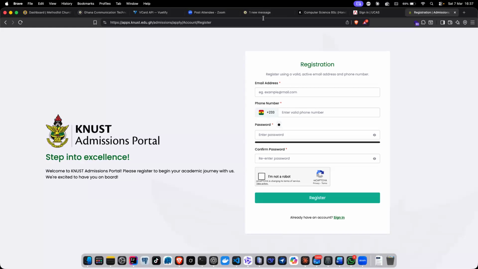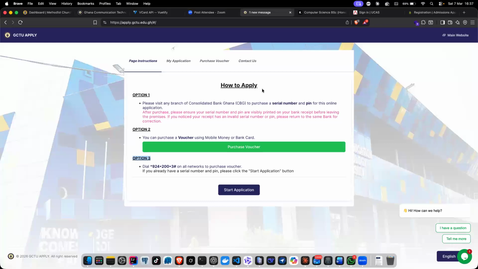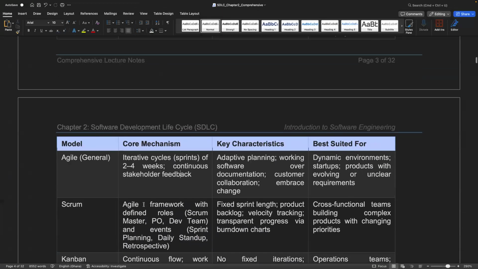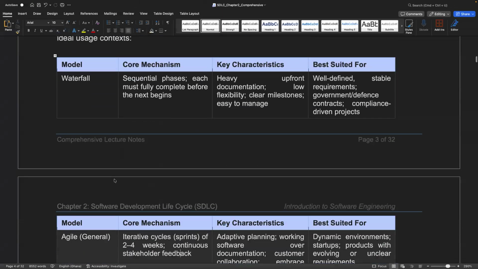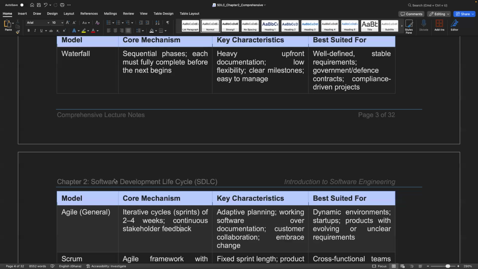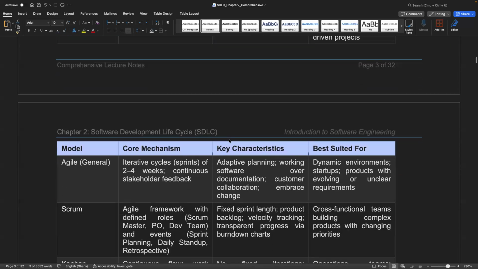So this one also applies to the agile and the waterfall. Everything must be there. So you see, heavy upfront documentation, but this one is adaptive. As and when we have the requirement, then we also set up to build it, and it requires continuous stakeholder feedback.